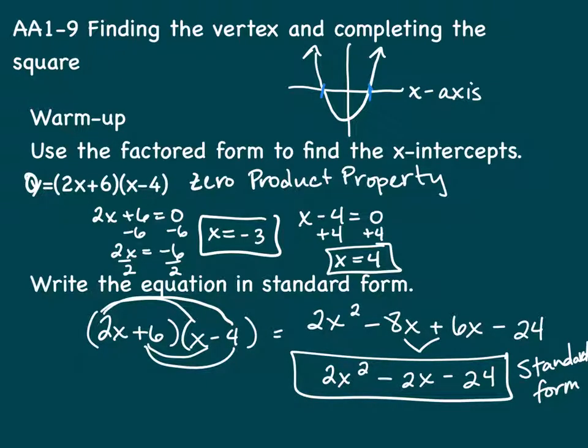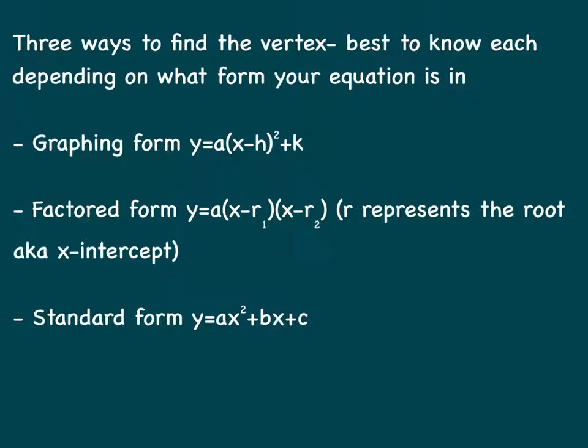All right, so when we are finding the vertex, there are different ways that are easier than others. If we start in graphing form, also known as vertex form or general form, the vertex is just the h and k. So there's no math for us to do.